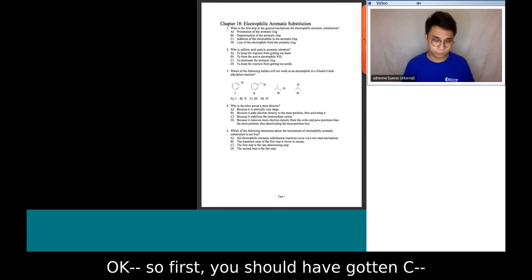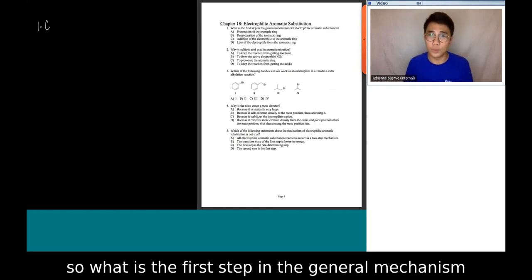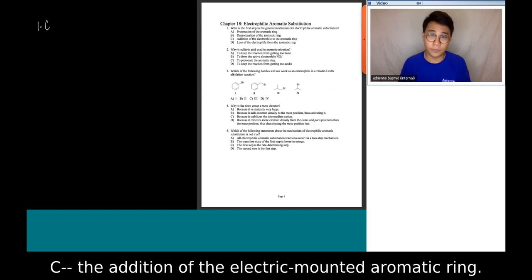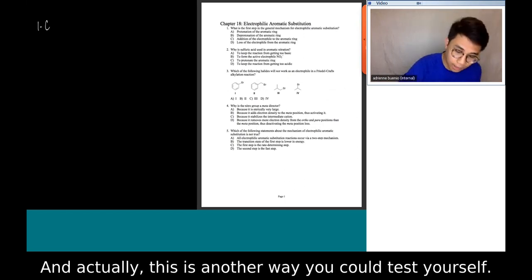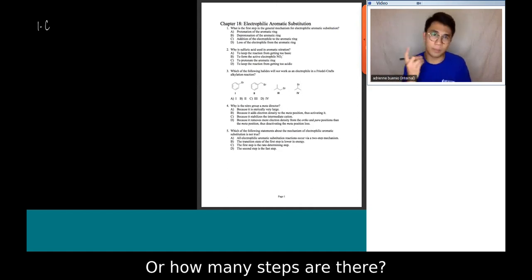Okay. So first, you should have gone C. What is the first step in the general mechanism of electrophilic aromatic substitution? C, addition of the electrophile to the aromatic ring, right? And now this is another way you could test yourself: what's the second step, or how many steps are there?